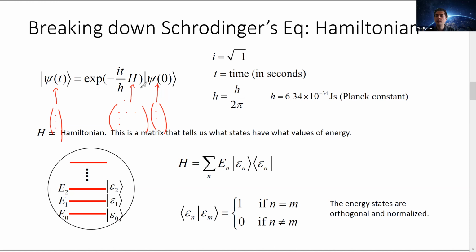We'll have to understand exactly what that means later, but first let's understand what kind of a matrix this H is. This matrix H actually tells us the physical conditions that this system is in.